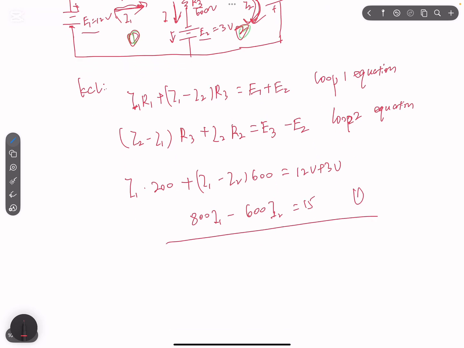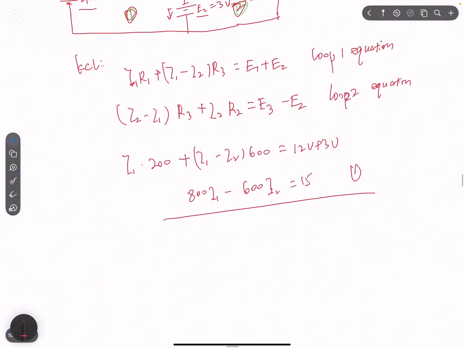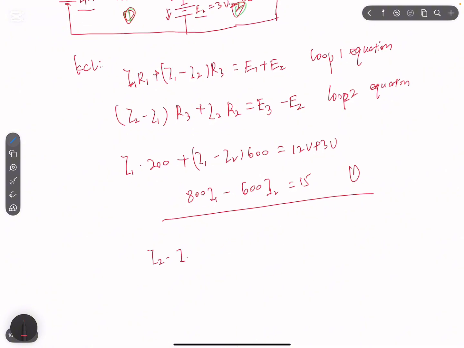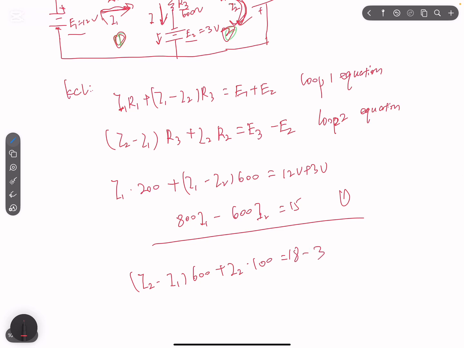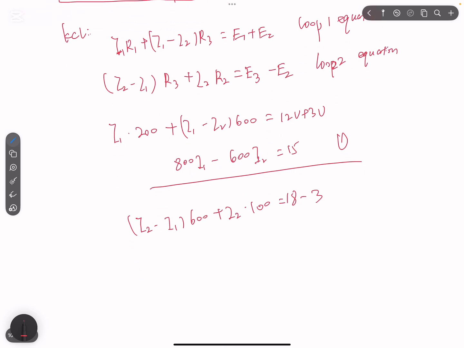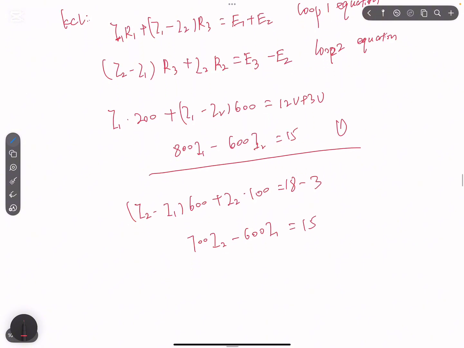This is our loop 1 equation. For loop 2, it's I2 minus I1 times R3, which is 600, plus I2 times R2, which is 100, equal to E3, which is 18, minus 3. So the total will be 700 I2 minus 600 I1 equal to 15.